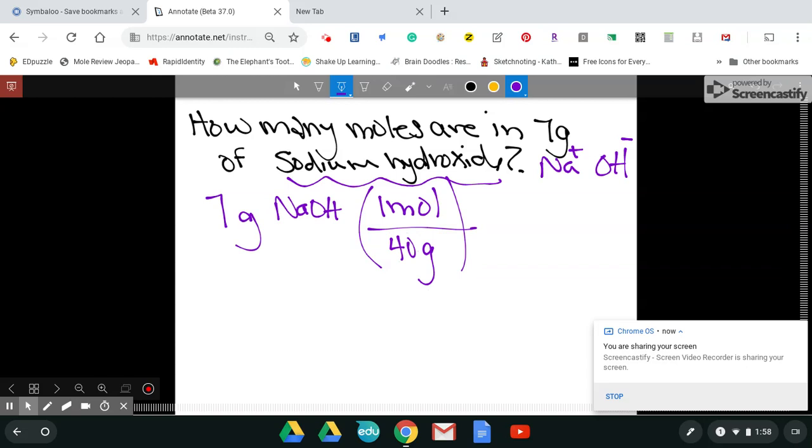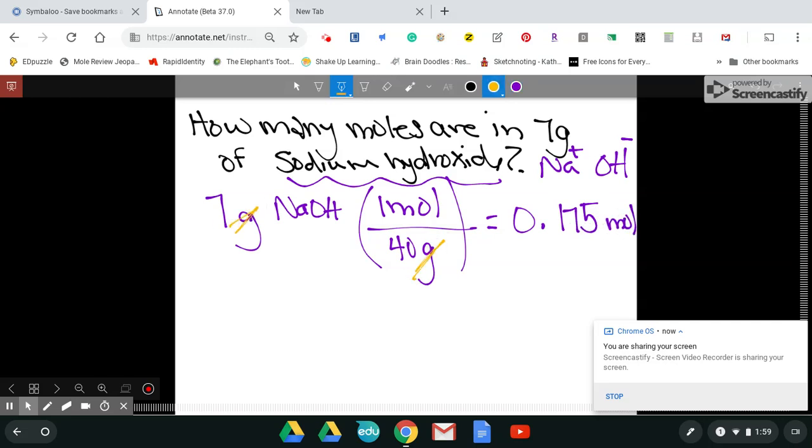Now, really what you're doing is simply taking 7 grams and dividing it by 40, which is going to give you 0.175 moles.